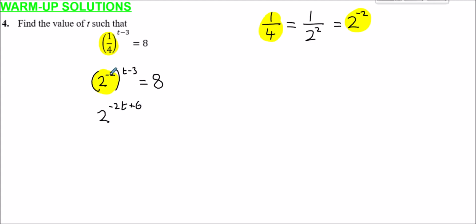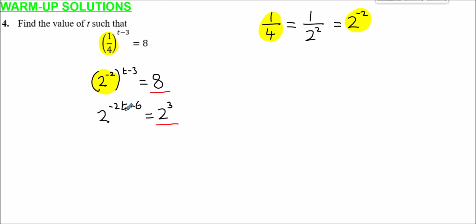Remember, minus multiplied by minus gives us a positive. And then 8, we can actually rewrite 8 as a power of 2 as well. 8 is the same as 2 cubed. Okay, so all we've done here is rewrote 8 as a power of 2.